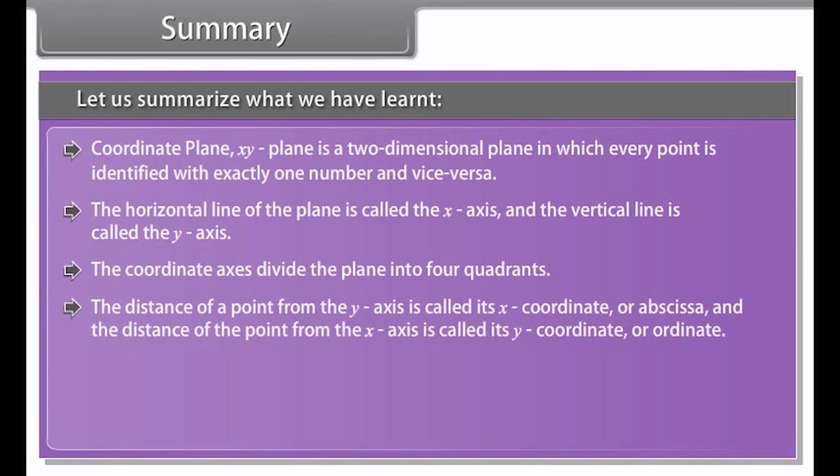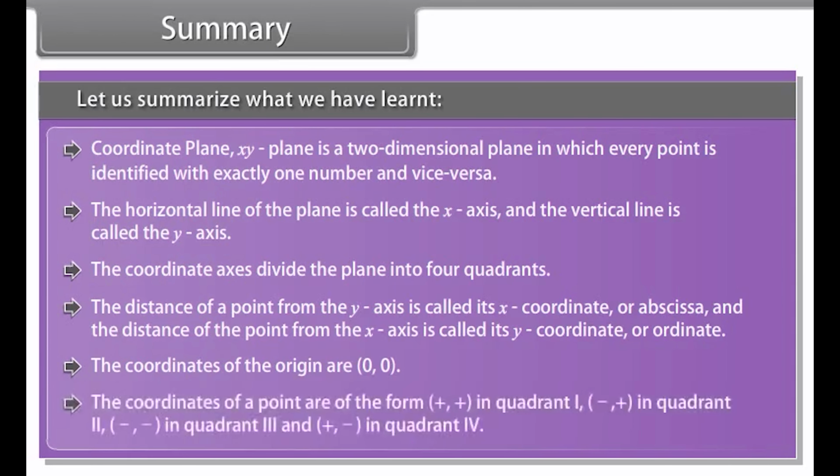The distance of a point from the y-axis is called its x-coordinate or abscissa, and the distance of the point from the x-axis is called its y-coordinate or ordinate. The coordinates of the origin are (0, 0). The coordinates of a point are of the form (plus, plus) in quadrant 1, (minus, plus) in quadrant 2, (minus, minus) in quadrant 3, and (plus, minus) in quadrant 4.